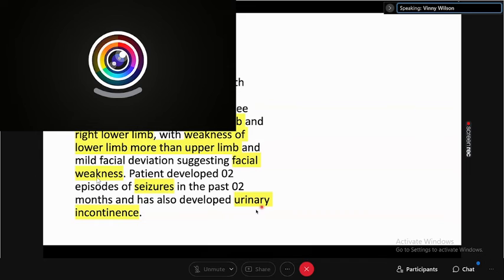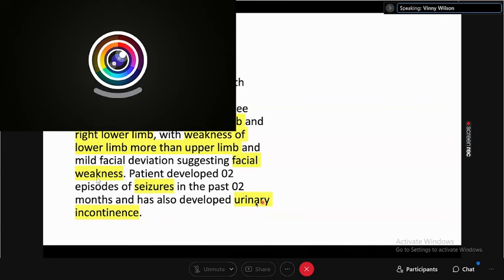And because the patient also has urinary incontinence, we know that the bladder centers are in the medial hemisphere, on the medial aspect of the hemisphere. We know that this is a lesion involving the medial aspect of the hemisphere. So not only is the lesion in the left hemisphere above the internal capsule, it is a cortical lesion, or at least a lesion that involves cortex, and also it's a lesion in the medial aspect of the left hemisphere.